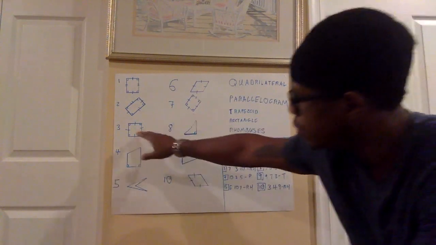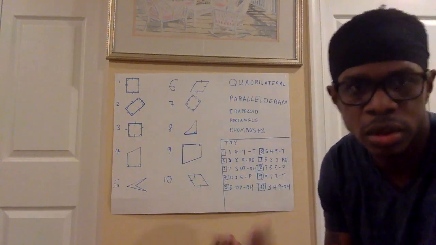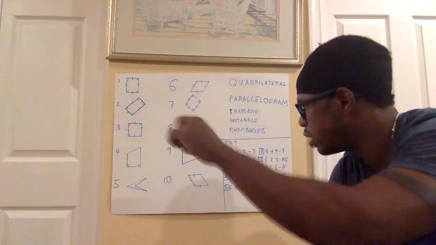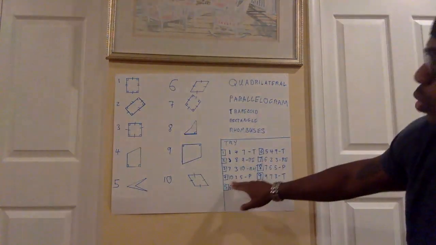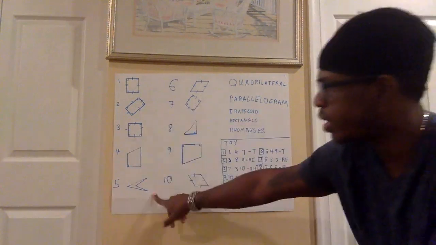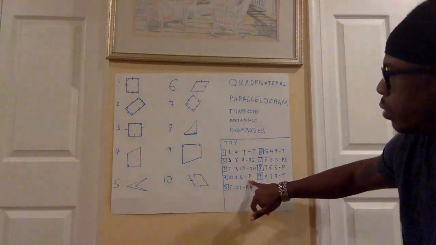So 7, 3, and 10, you're going to circle which ones are rhombus. Same way I have it, you're going to write 7, 3, 10, and then just circle whichever one is rhombus.